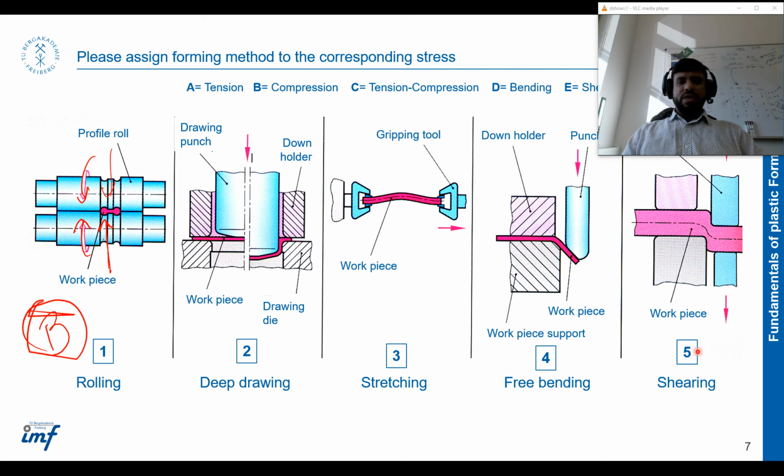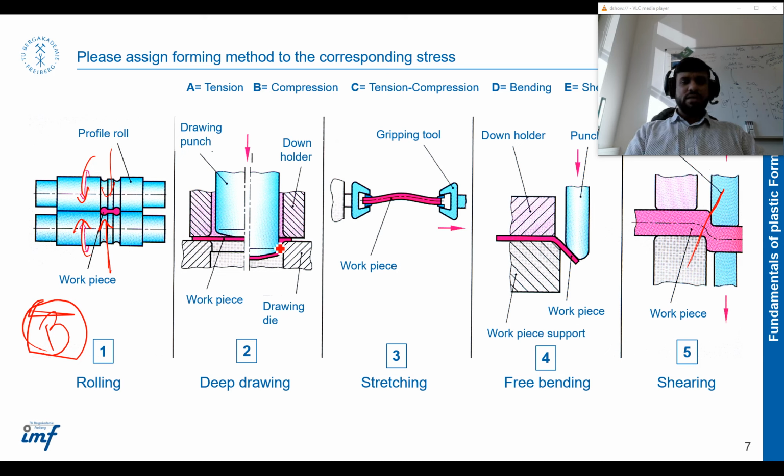Here you see a specific category related to shearing, which means applying load such that there will be a shear failure, and then we call it shear.